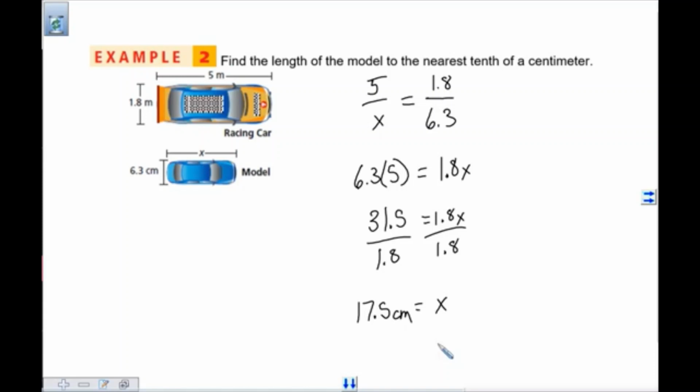On this one, it doesn't matter, you don't have to convert, because your units actually cancel out, because we have meters getting divided out when we multiply. You can convert, but you don't have to.